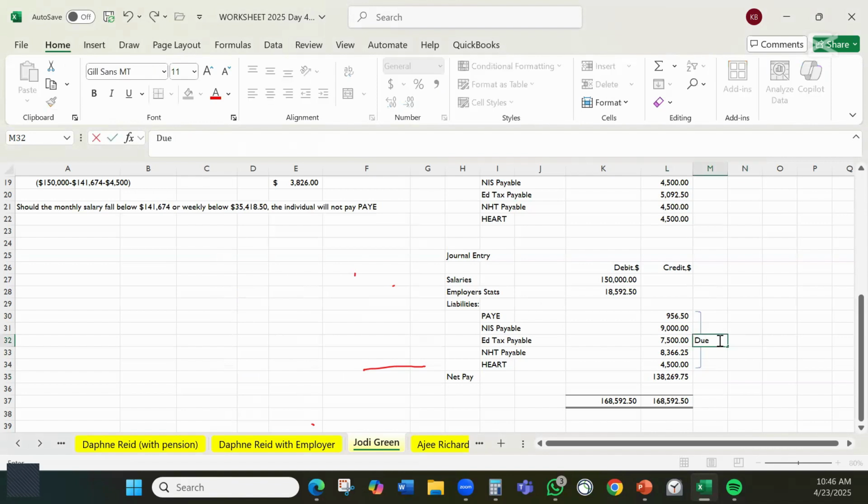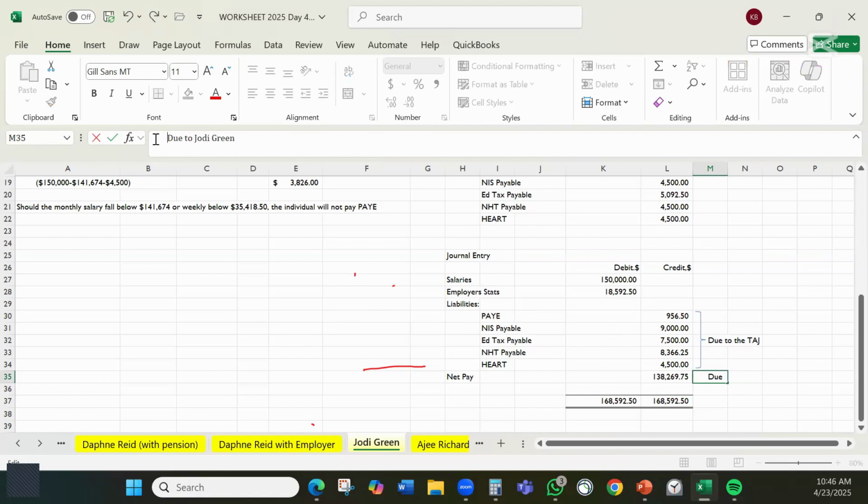This would be due to the TAJ. It's due to the TAJ. And this piece here, this net pay would be due to Jody. Right? So these would be your liabilities here.